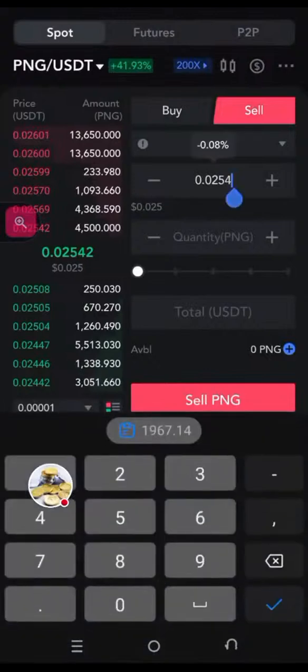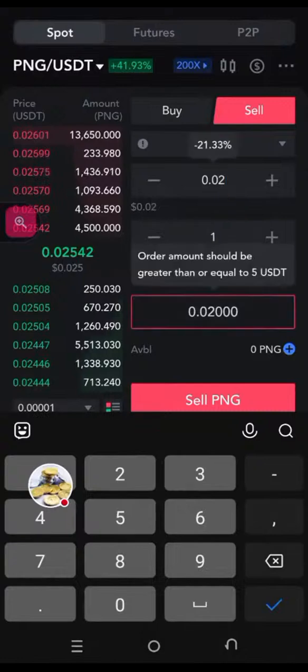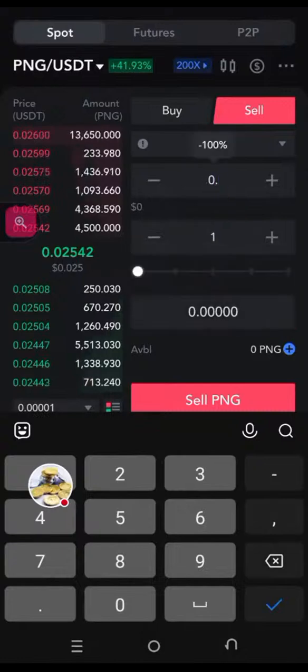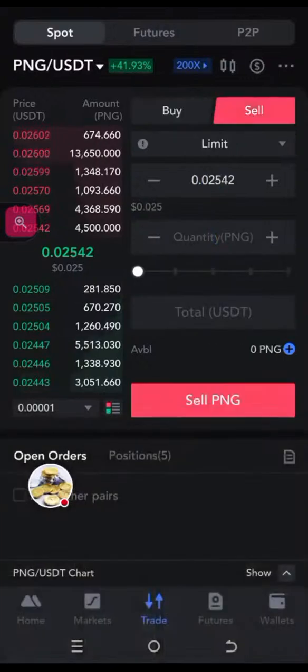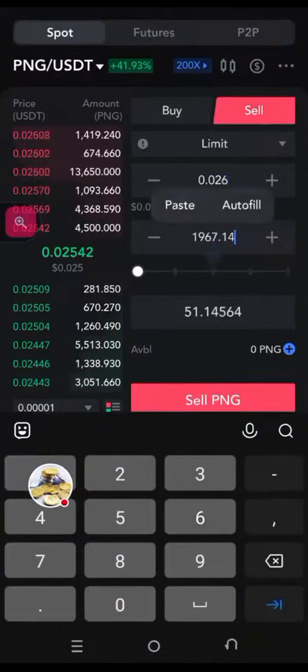Let's put 27 there. Let's see whether I will get there. And then like $53. Oh, that's interesting. Let's put 26. Let's see whether that will work for us. And then we'll go with it.